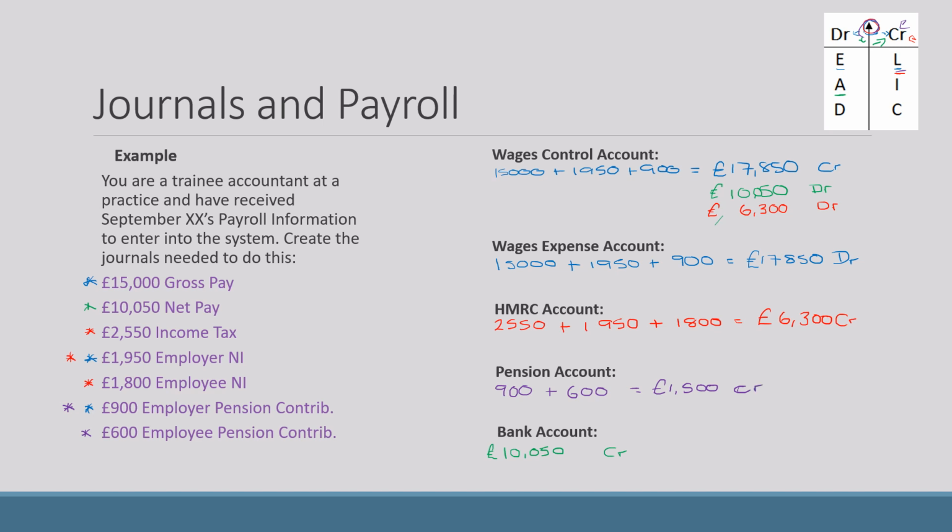Then the other side to that transaction, again, is going to be going to the wages control account, which is our debit. And then when you look at this, you've got your £17,850 credit. And then once we've debited the 3 different elements, you'll see that it all comes down to 0.